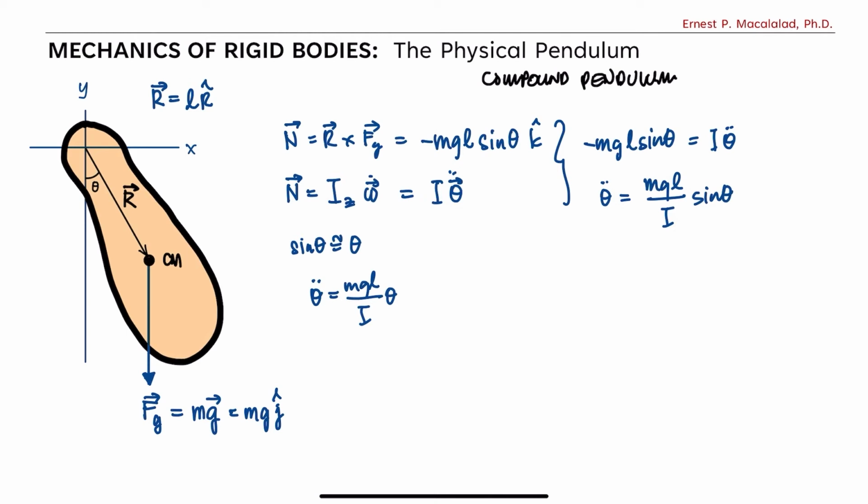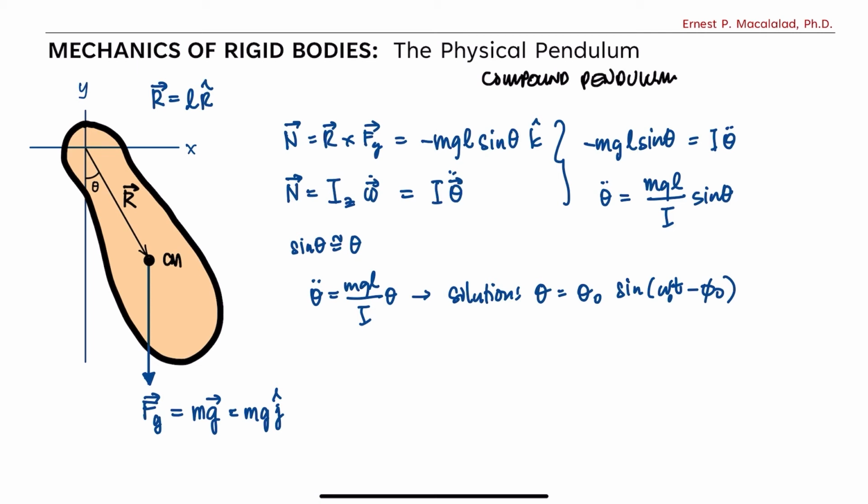This is of the form of simple harmonic motion, whose solution can be of the form theta equals theta naught sine omega naught t minus phi naught, where theta is the angular position as a function of time, theta naught is your initial amplitude in the angular direction, omega naught is the angular frequency, and phi naught is the phase difference.